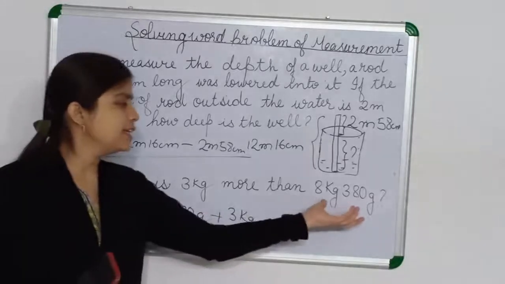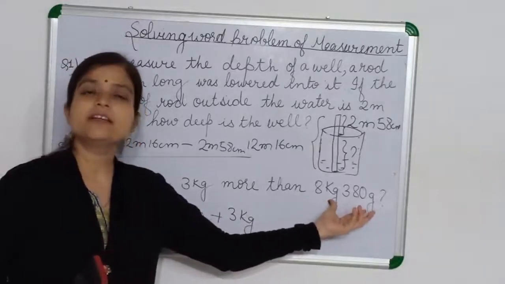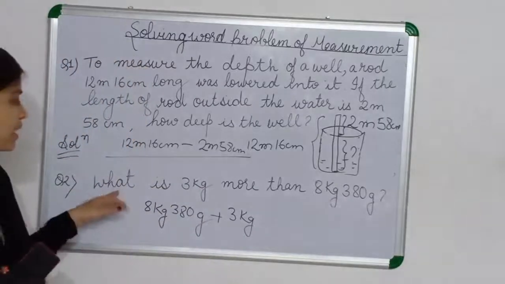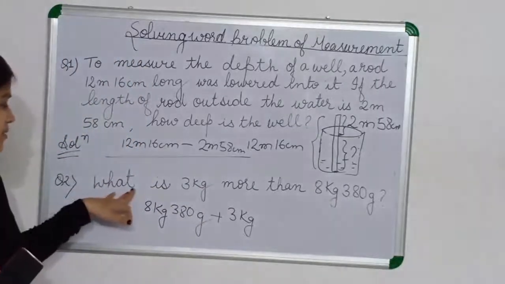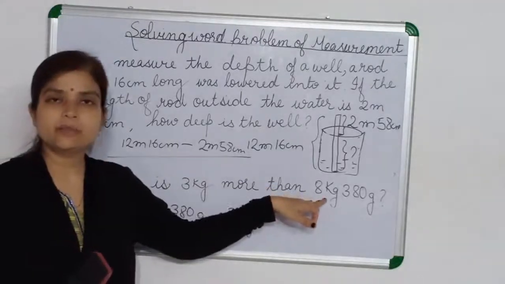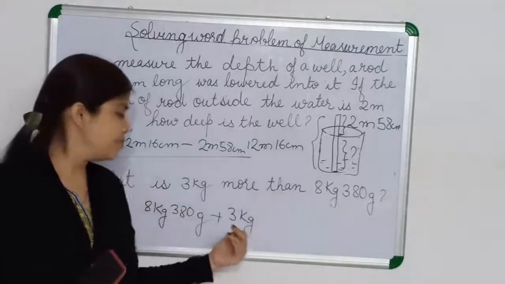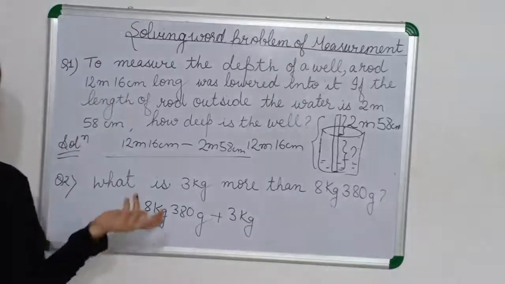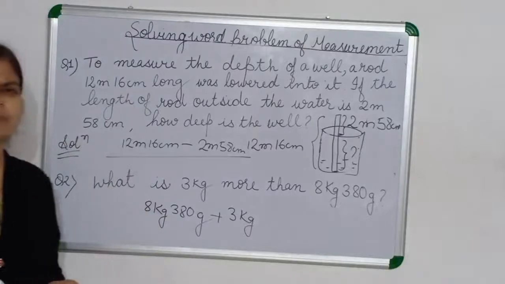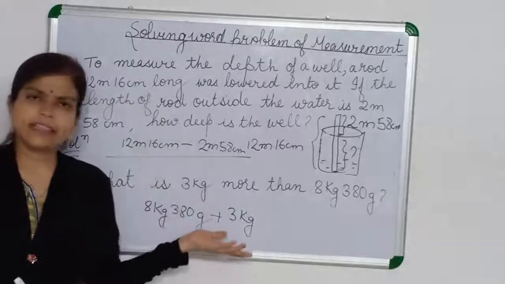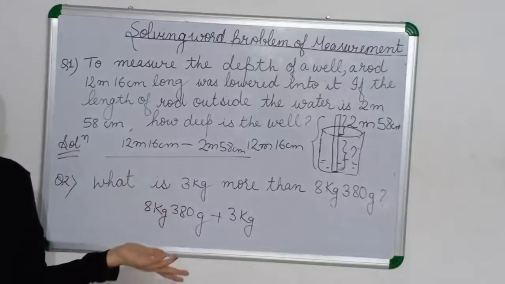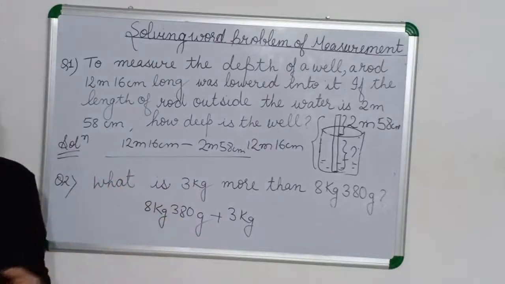It is given that 8 kg 380 gram is the weight of your brother, and your weight is 3 kg more than your brother's weight. So what you are going to do? You are adding 3 kg, then you are getting your weight. Simply, if the weight of your brother is 10 kg and your weight is 3 kg more than your brother, then you can simply give the answer: my weight is 13 kg.